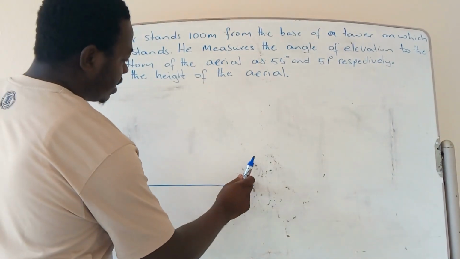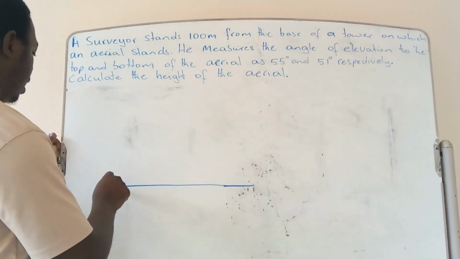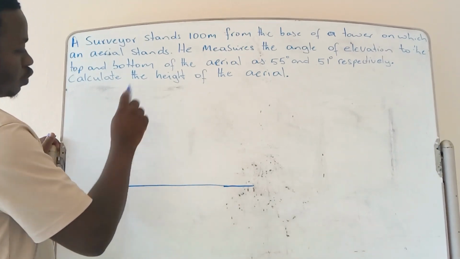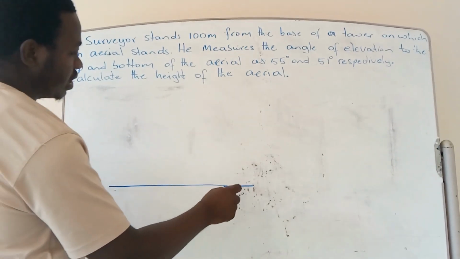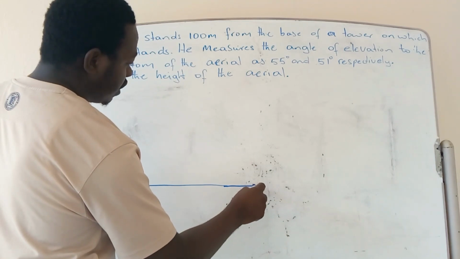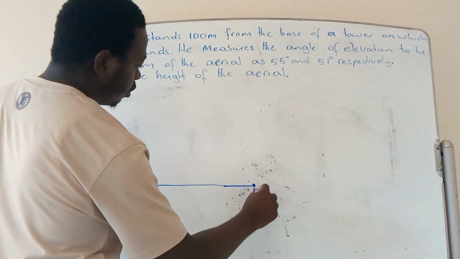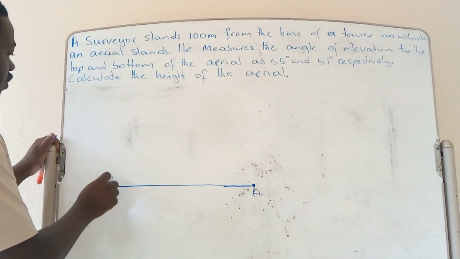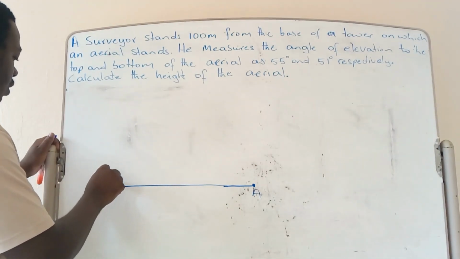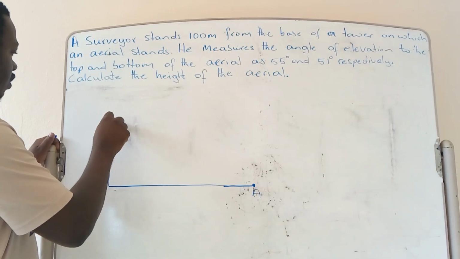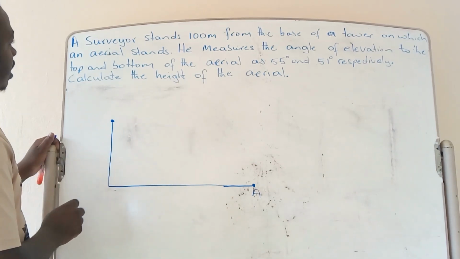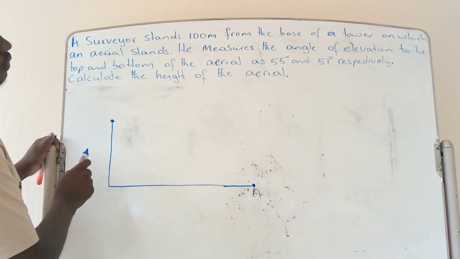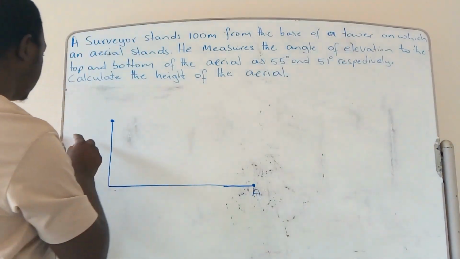And let's say that the tower, I'm going to just use straight lines and points to represent this. So let's say the surveyor is standing at this point, and we call that point A, right? Let's say that from here to this point up here, that's the tower, right? So this part here, this is the tower.